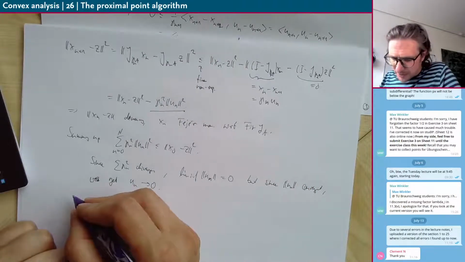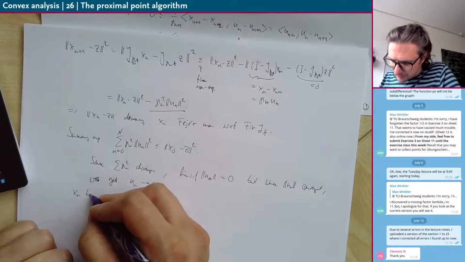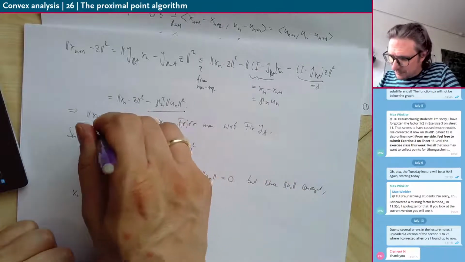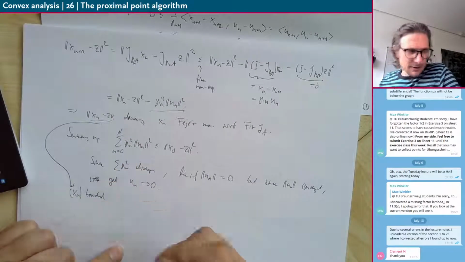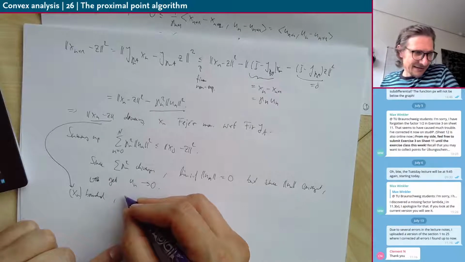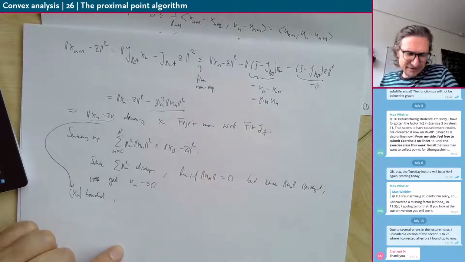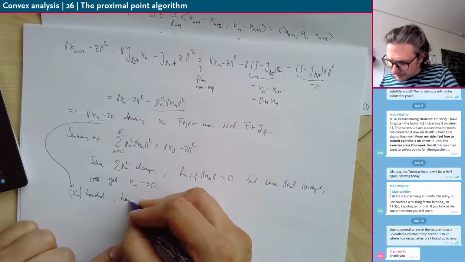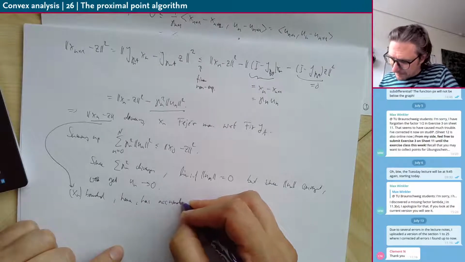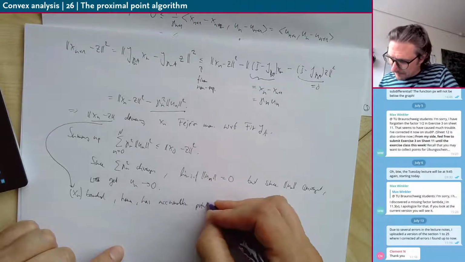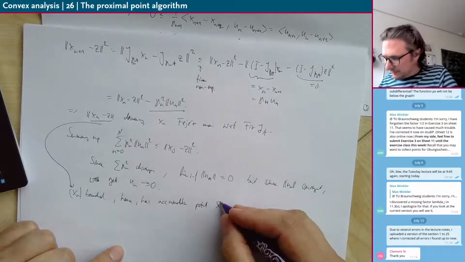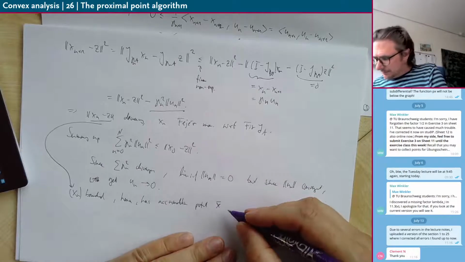Okay, and now x_n is bounded. We also know that. We get that from here. Hence it has an accumulation point. Now let's call it x bar, no matter.